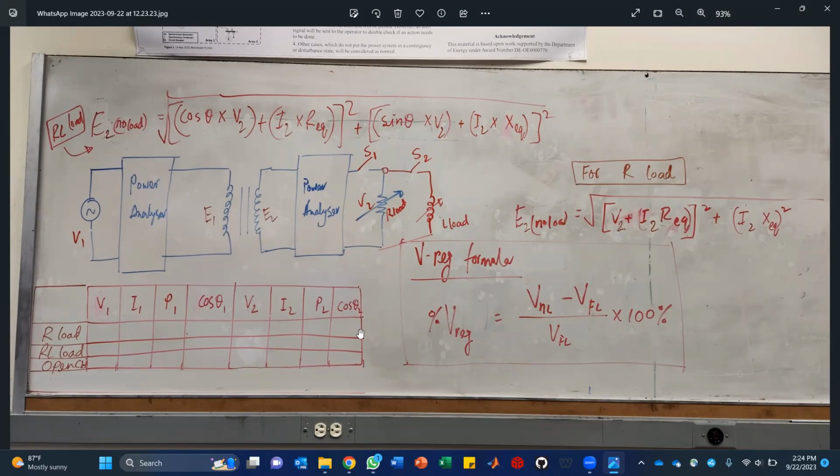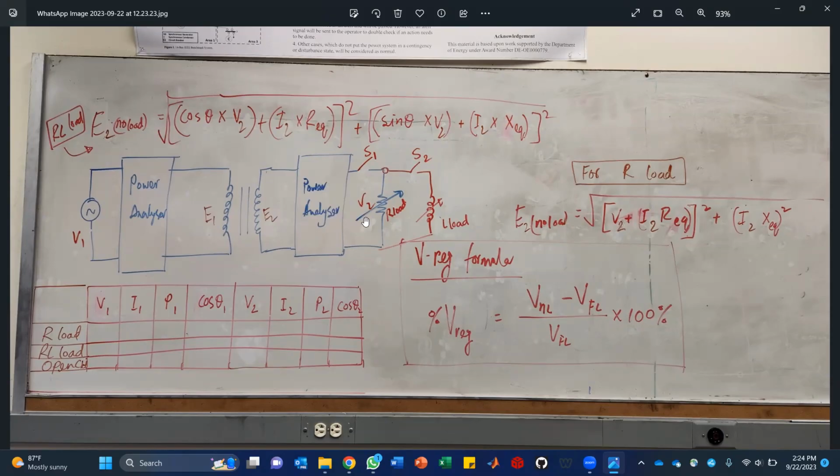So, the voltage regulation formula is like this: VNL, which is the no load voltage, minus V full load voltage. So in case of a no load test, if it is open, in that case it is called no load, so there is no load, right? So this will be exactly like E2.